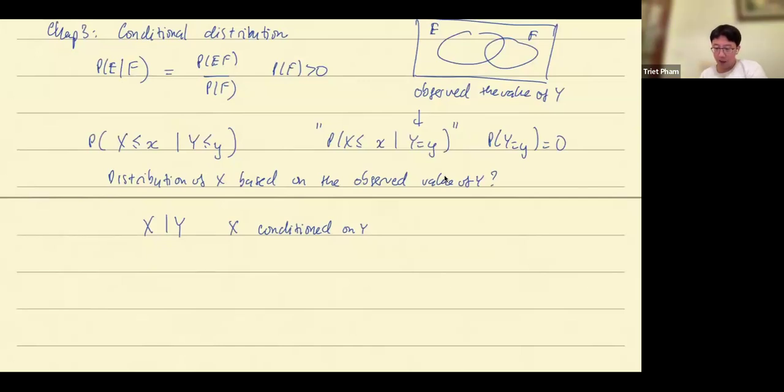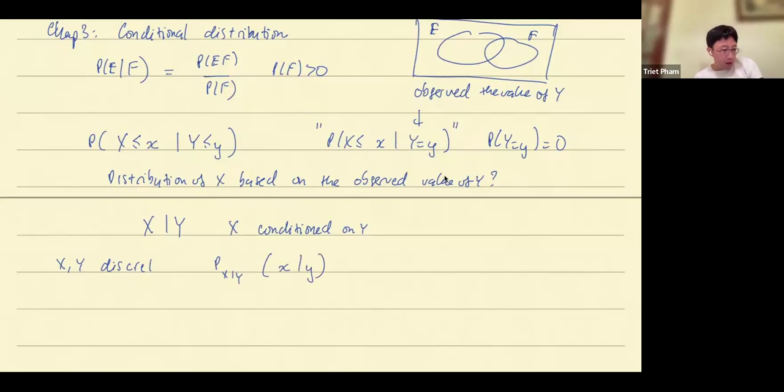The easiest place to start is to look at the case when both x and y are discrete. The reason is if x and y are discrete, then we can avoid the awkwardness I was mentioning, because then they can take on individual values. So we can talk about the conditional probability of x given y, of a real value of x given the value of y.